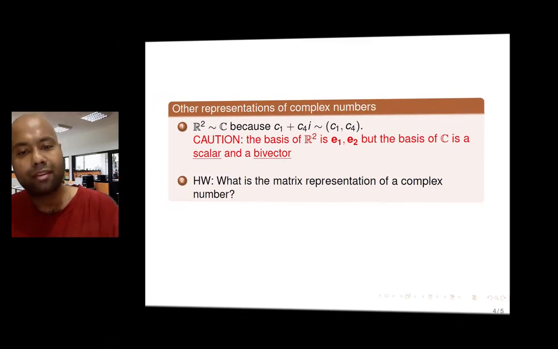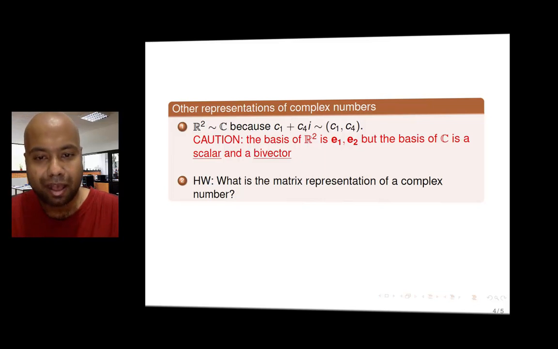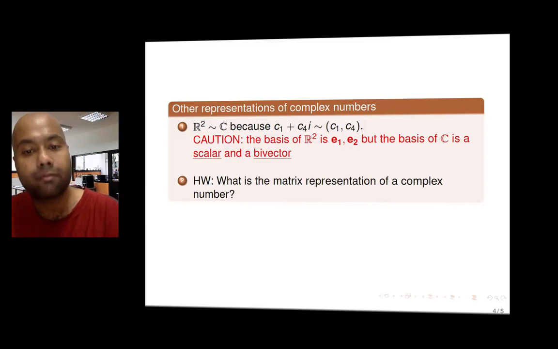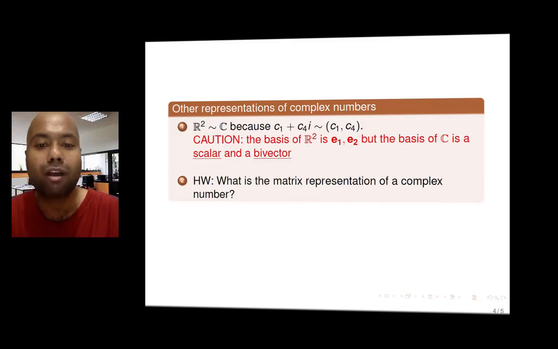Now, before we end today's lecture, I want to give you a thought exercise as homework. I want you to come up with an alternative representation of complex numbers in terms of matrices.